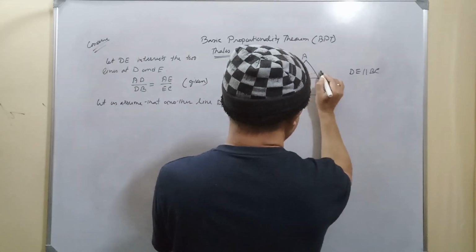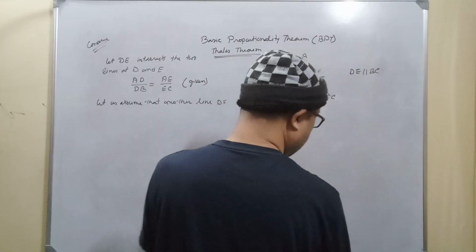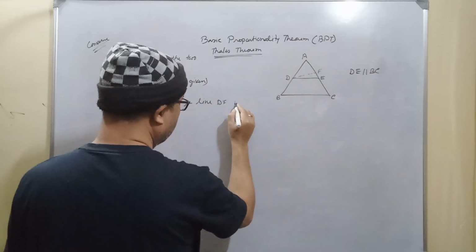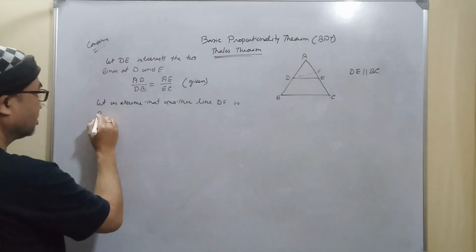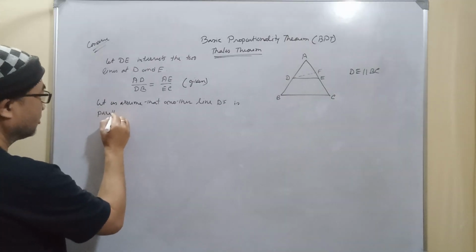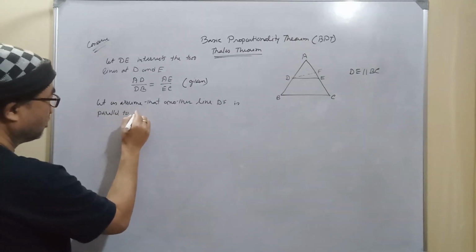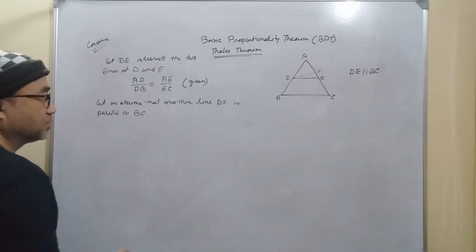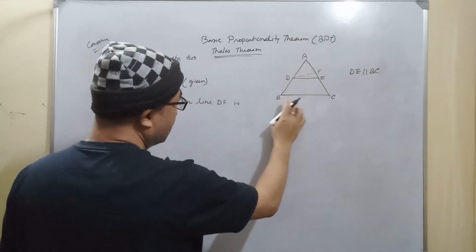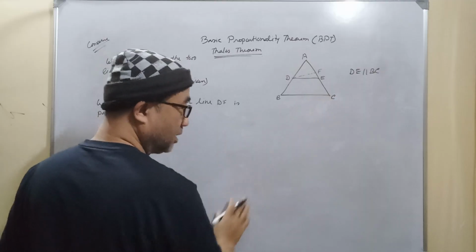Suppose this is the line DF, which is parallel to BC. We are assuming.